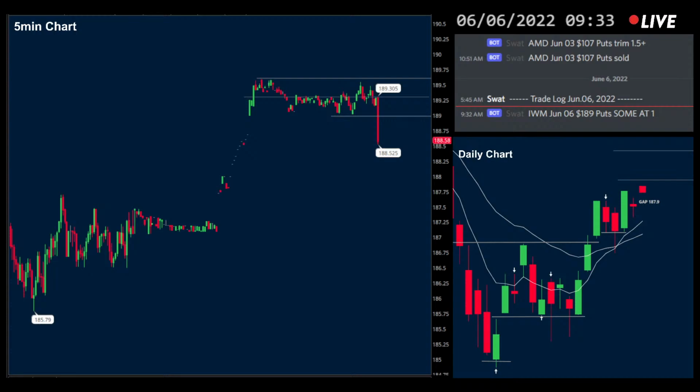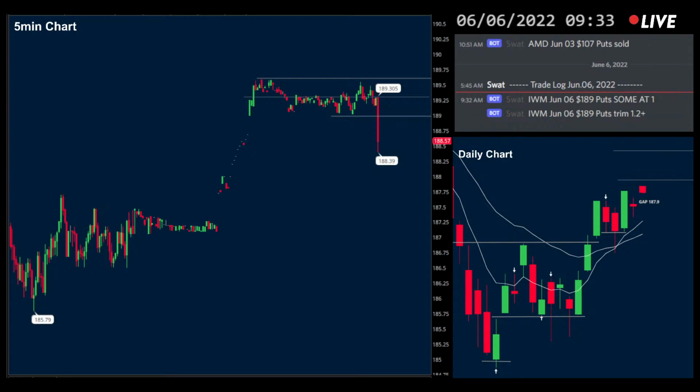Okay, IWM fading. IWM new lows on the day. Trimming some on IWM.